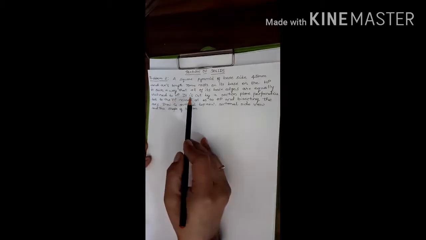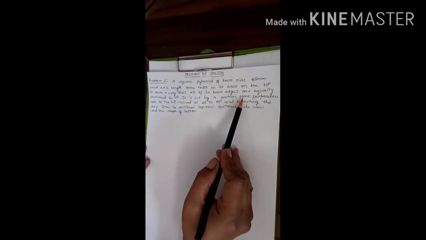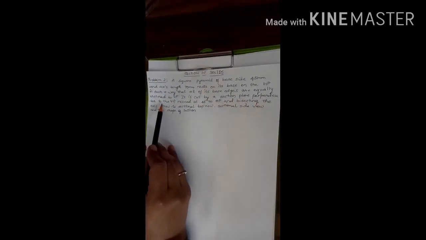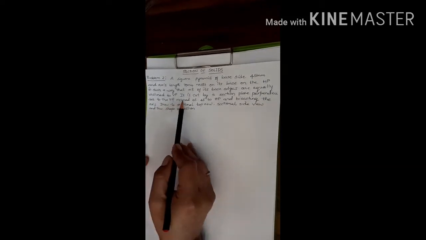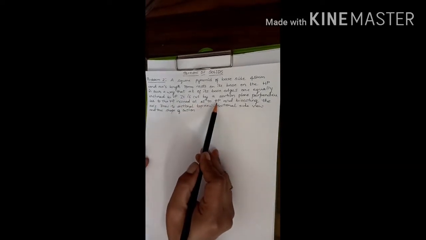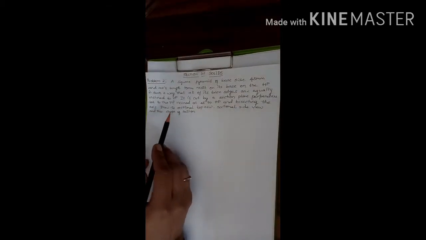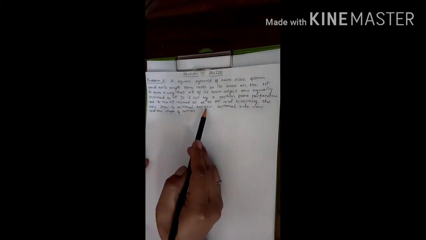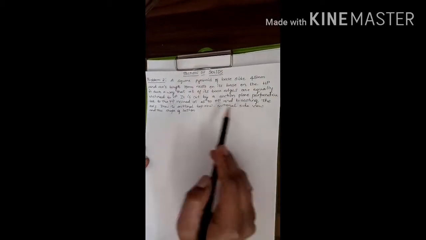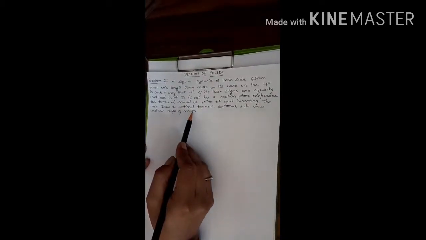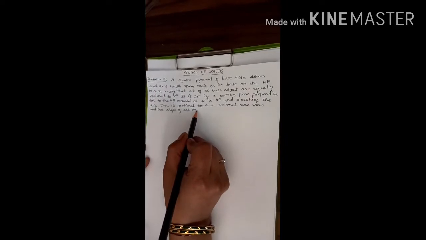It is cut by a section plane perpendicular to VP, inclined at 45 degrees to HP and bisecting the axis. Draw its sectional top view, sectional side view and true shape of section. So this is the statement of the problem.